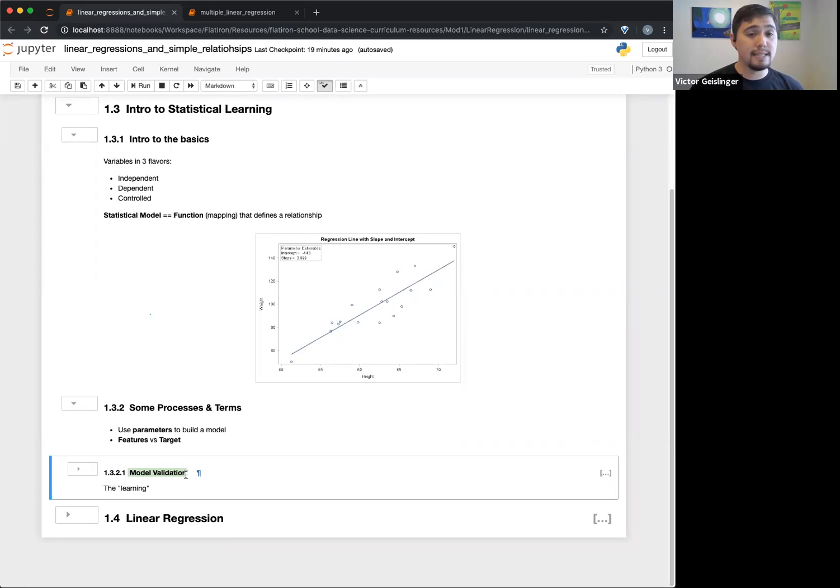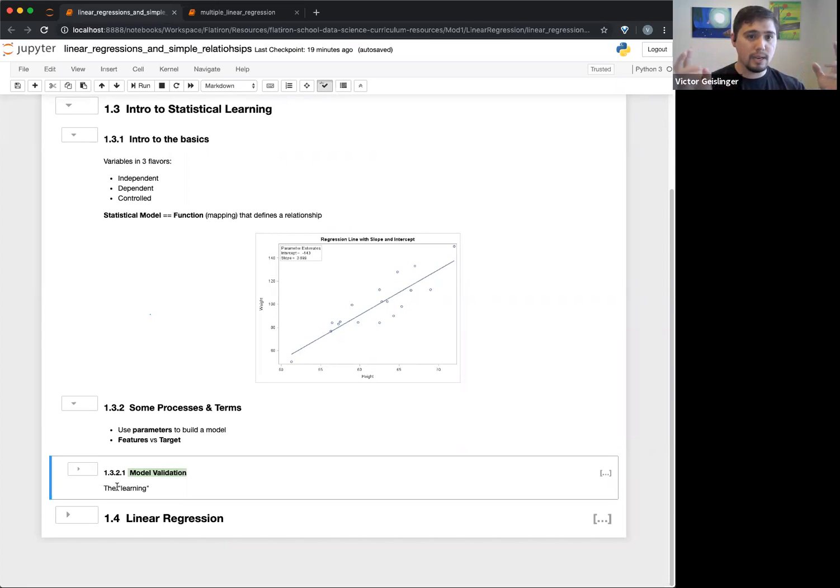But we don't want to just say something and let that be the truth. We want to use the data to figure out whether our model is good. We validate our model, and that's really the learning part. If our model is no good at predicting on our data, then we need to adjust it until it fits better. We keep tweaking back and forth, and that's really what the learning part is. This is why we call it machine learning: you're trying to learn the best way the model should fit.